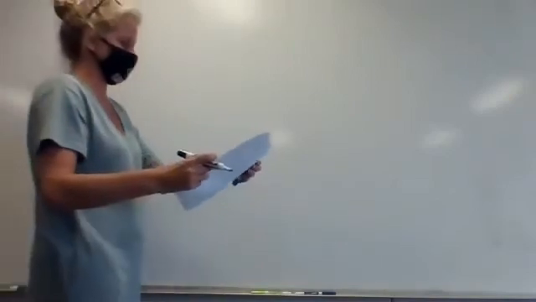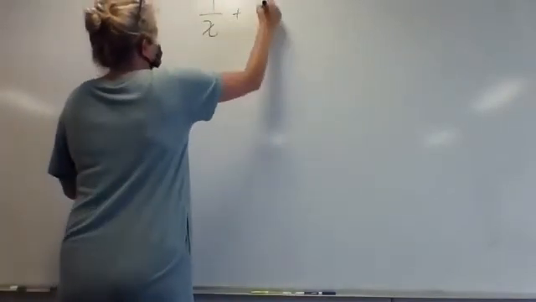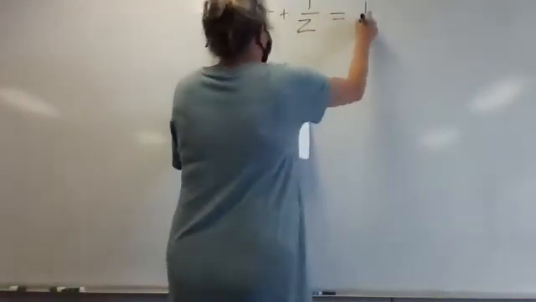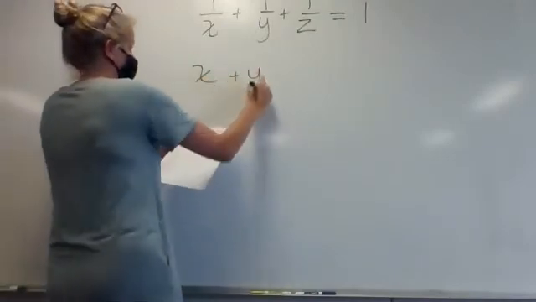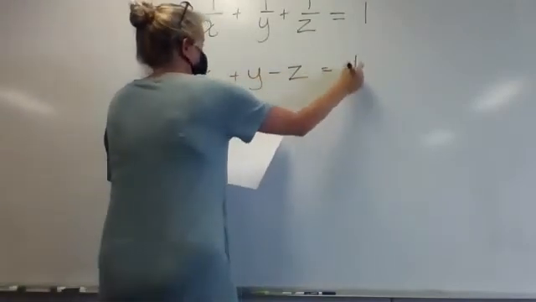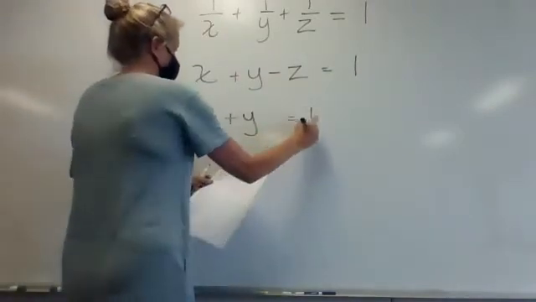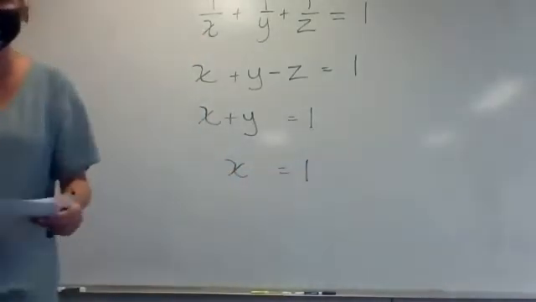So my first option is 1 over x plus 1 over y plus 1 over z equals 1. My next option is x plus y minus z equals 1. My third option is x plus y equals 1. And my last option is x equals 1.